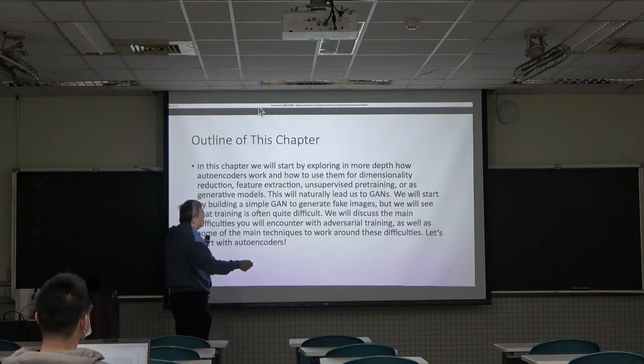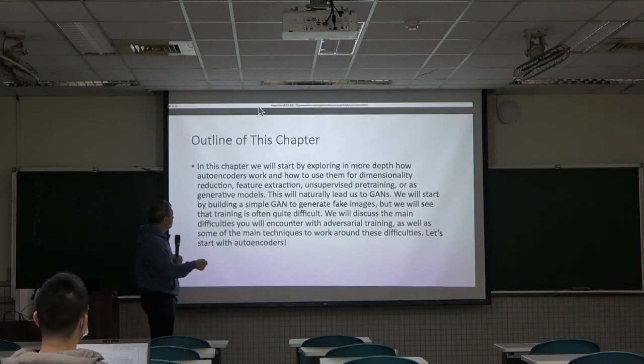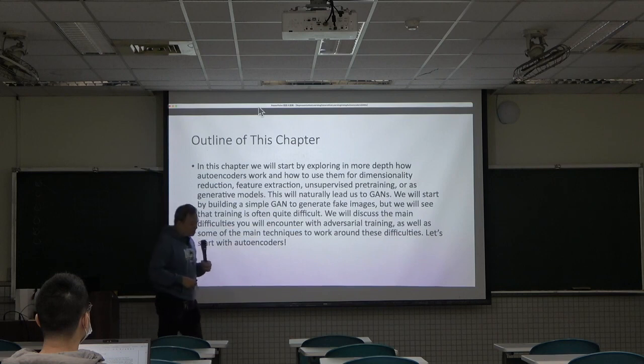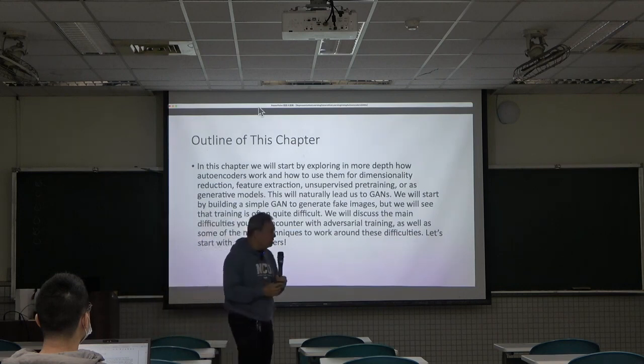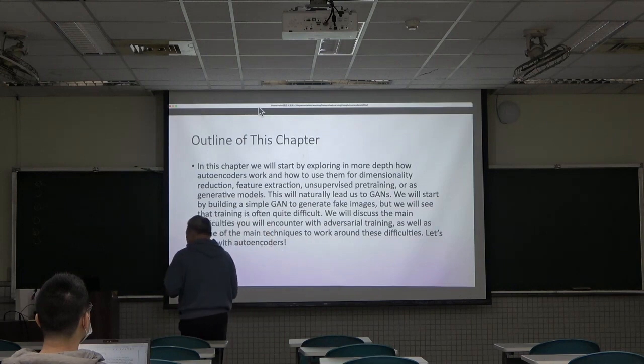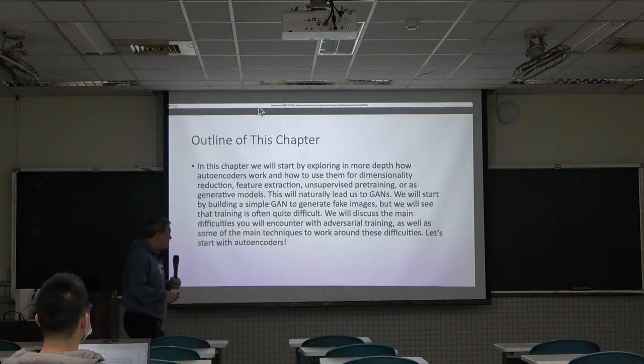In the GAN part, we can build a simple GAN to generate fake images, but the training is often quite difficult. So a lot of the content on GAN is about how we can handle these difficulties, such as a list of techniques to deal with model training in GAN.